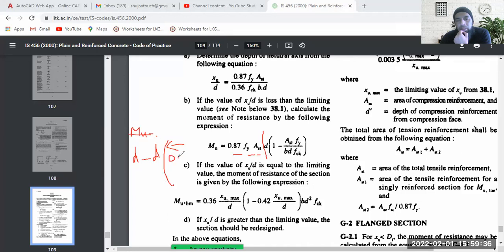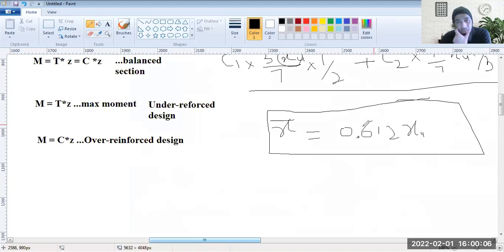This is coming to be 0.41 into XU by D. So I can say it's D into 1 minus 0.41 into XU by D. This is not 0.61, it's 0.41.